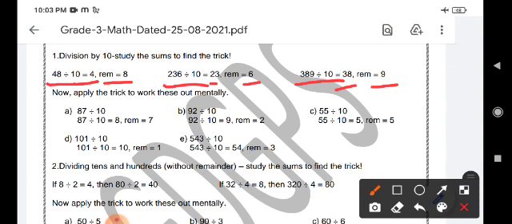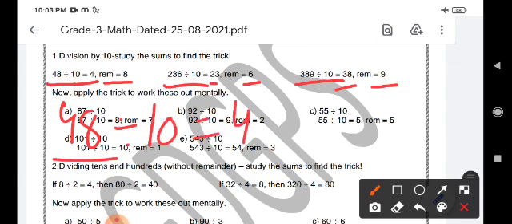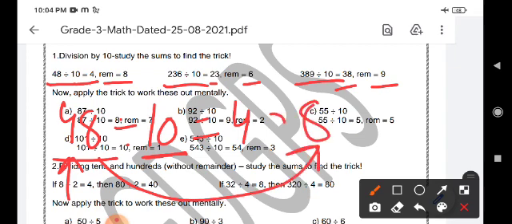Without using pen and paper, you have to work out these mentally. You have to do these sums mentally. So when we focus on this, 48 divided by 10 is equal to 4. Two-digit number, the quotient is the first digit when we divide it by 10 and 8 is the remainder.